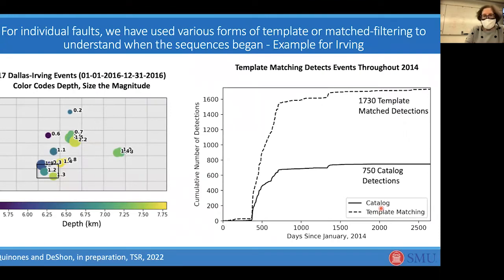All right, I'm not going to talk about this, but we do template matching or matched filtering. We're moving into more machine learning to build out the catalog. The reason we do this is not only to get better earthquake statistics and image the fault, but to try to understand when the sequences began.